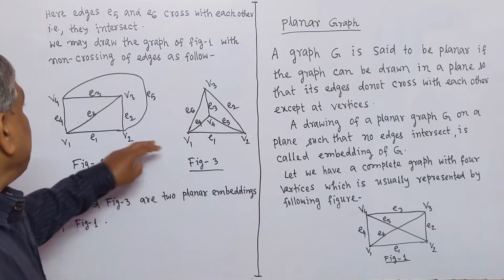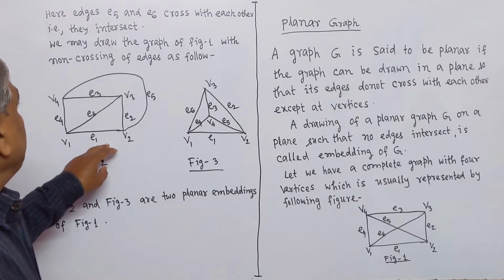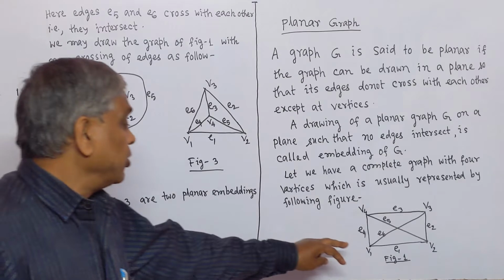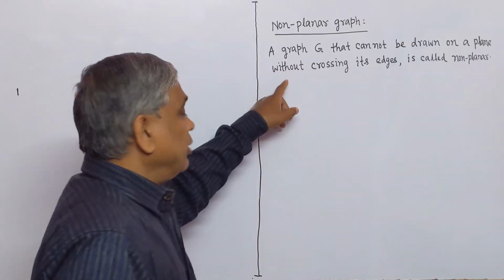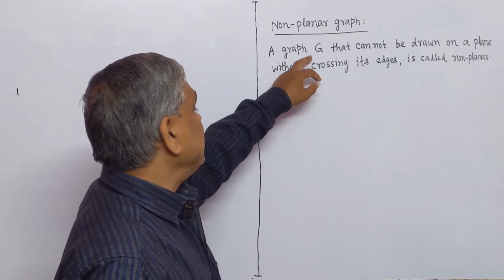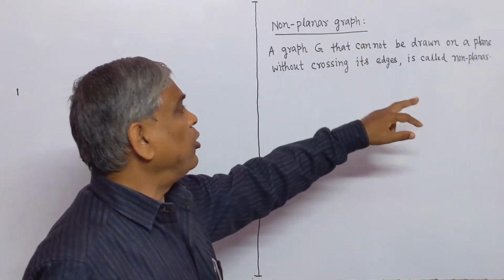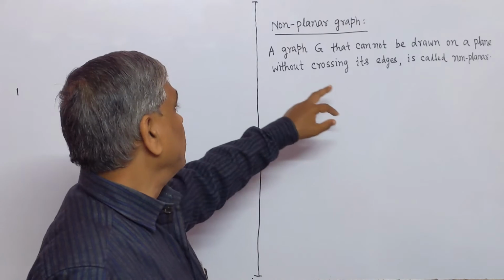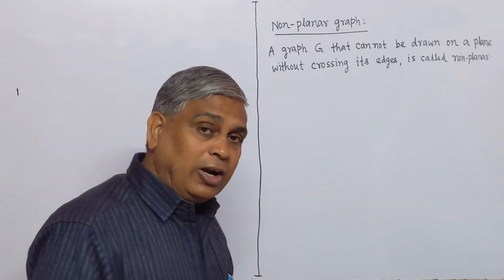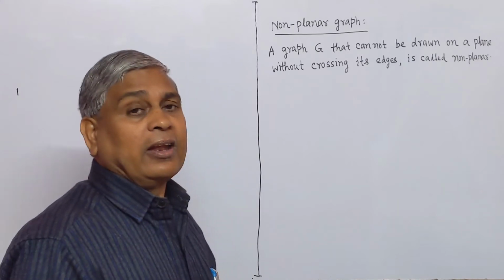So these graphs are called planar embedding of figure 1. Now we define non-planar graph. A graph G that cannot be drawn on a plane without crossing its edges is called non-planar.